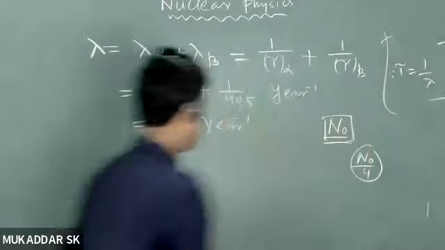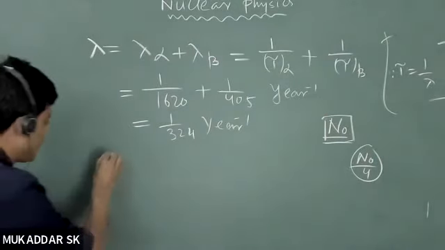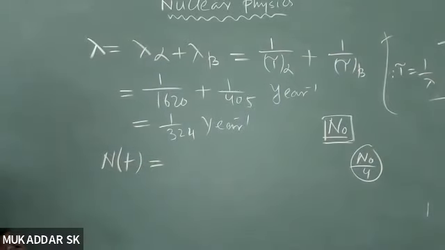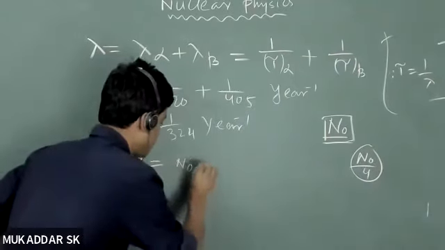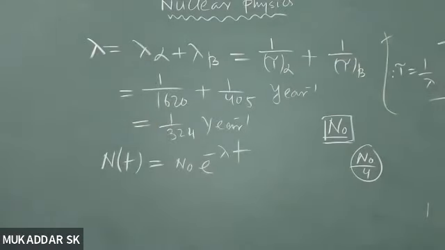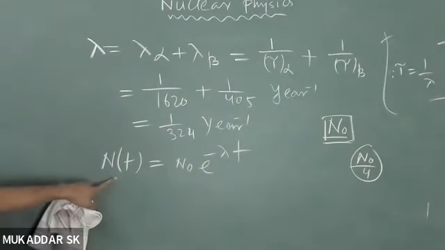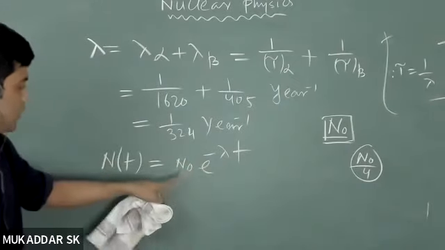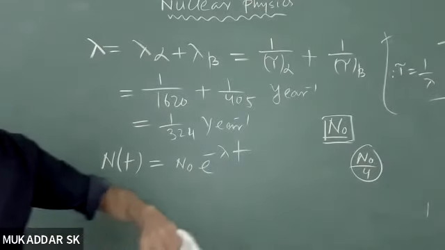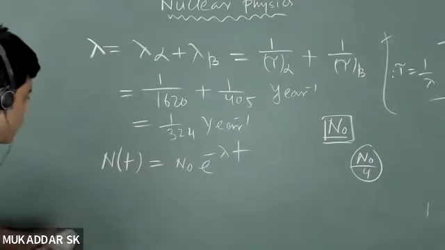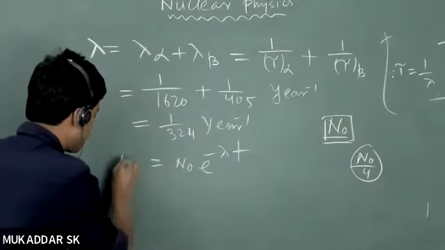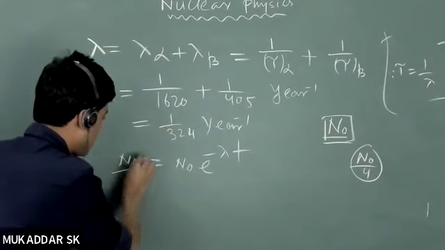Exactly. And you know there is a formula: the number of undecayed nuclei after time t is N naught e to the power minus lambda t. If there is a decay of 3/4, the number of undecayed will be N naught by 4, and N naught will be cancelled.